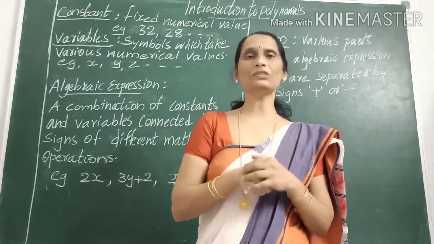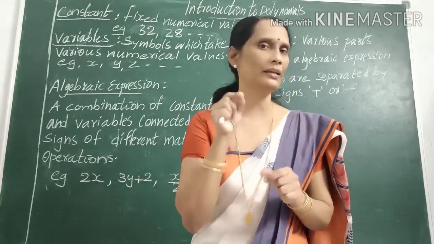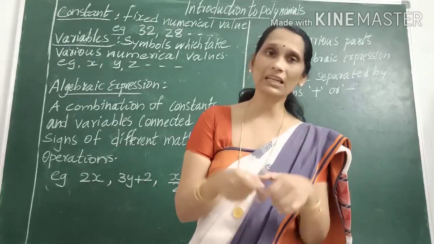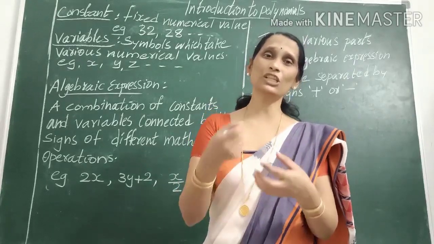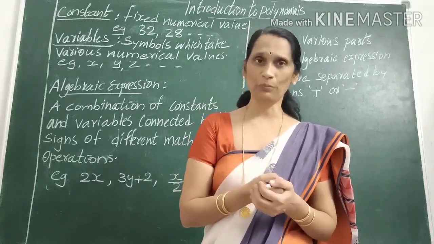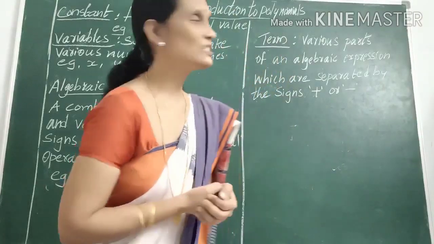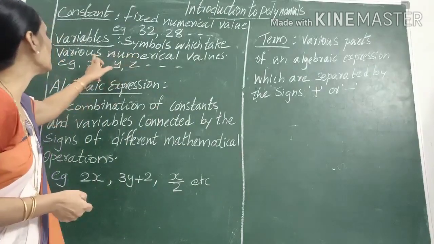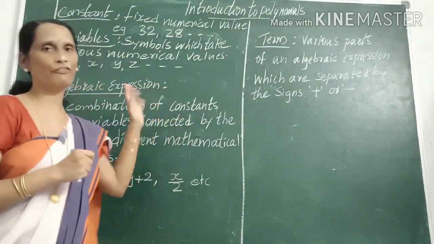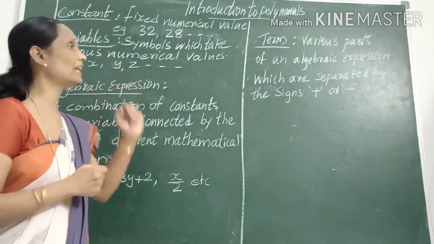That is why I have taken the symbol X for representing my brother's mark. Such symbols used in algebra and in polynomials are known as variables. Symbols which take various numerical values are variables, like X, Y, Z and all.